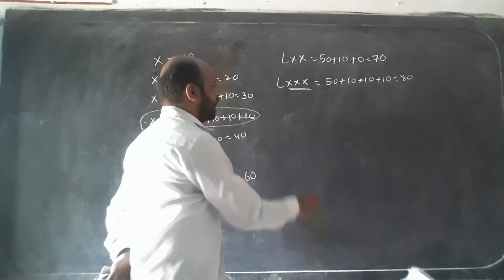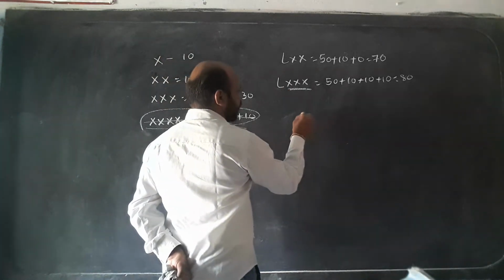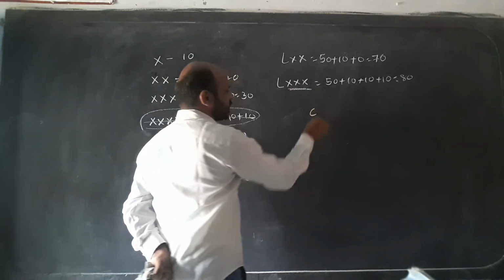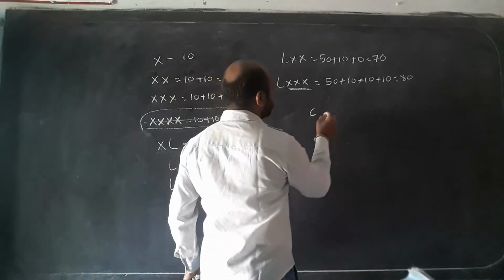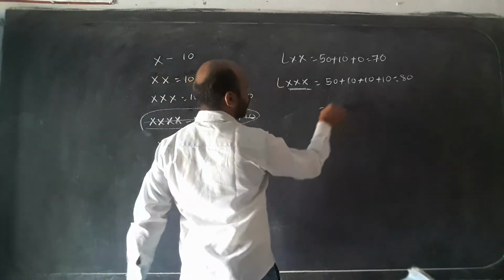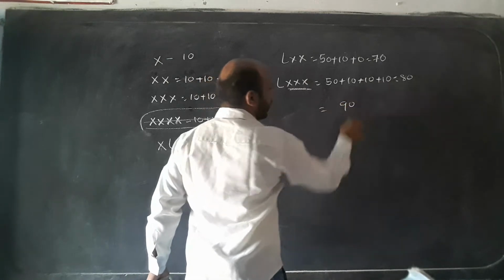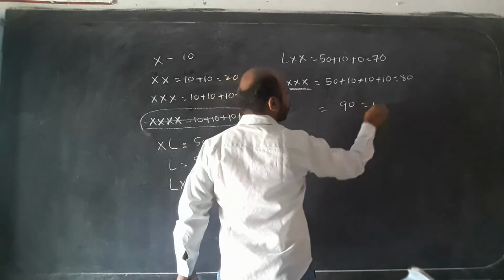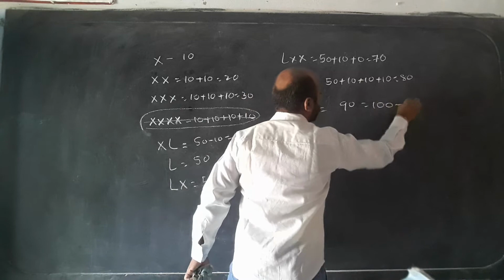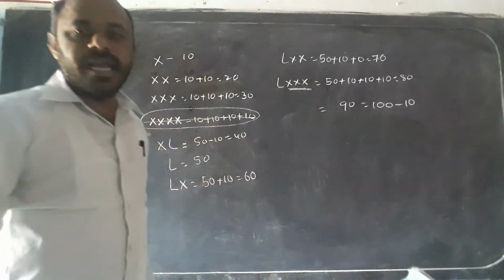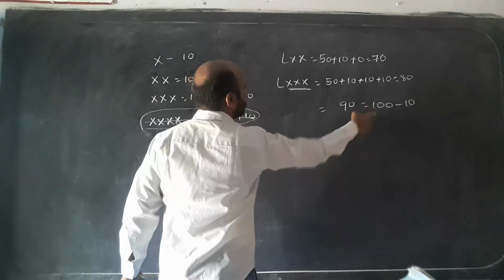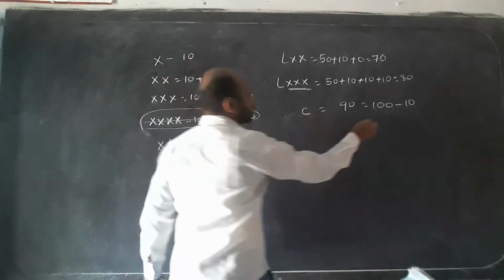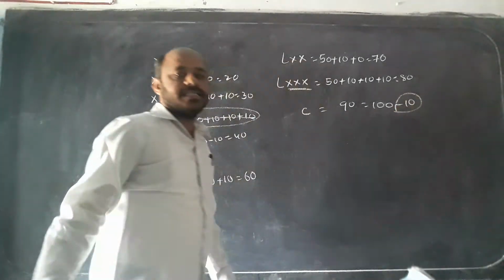Now which one is next in Roman numbers? The next value is C. See children, after 80 comes 90. 90 means we have to write 100 minus 10. Here C is there, and it has the subtraction symbol.